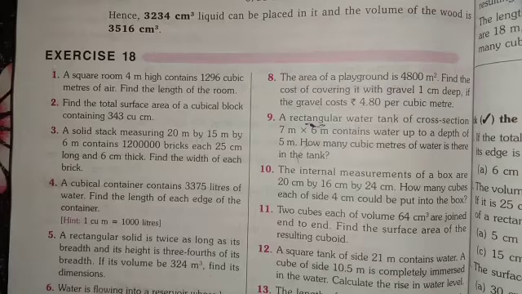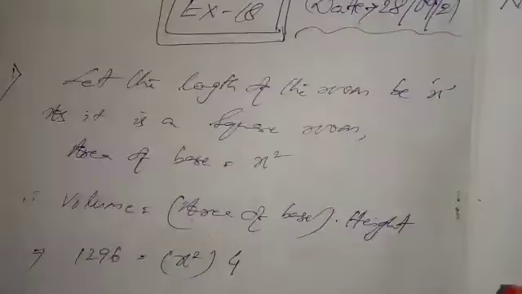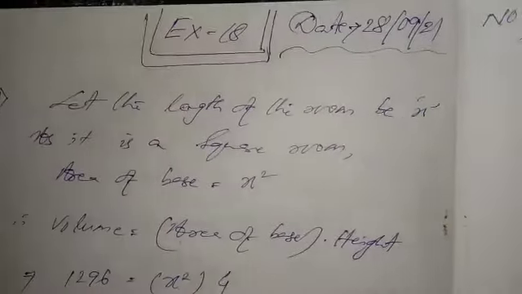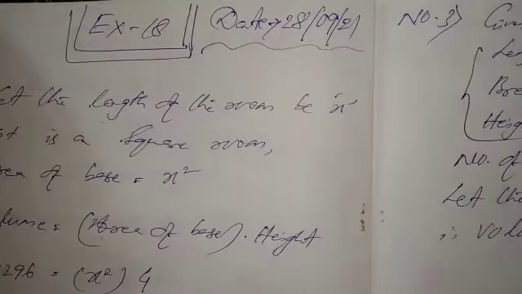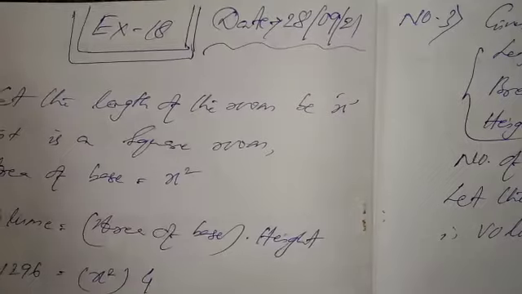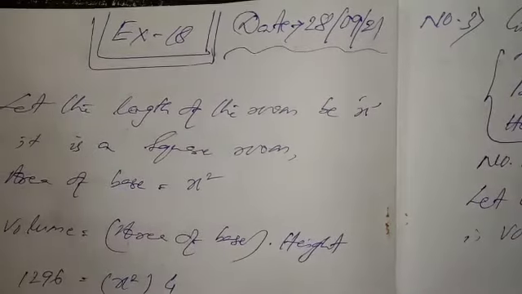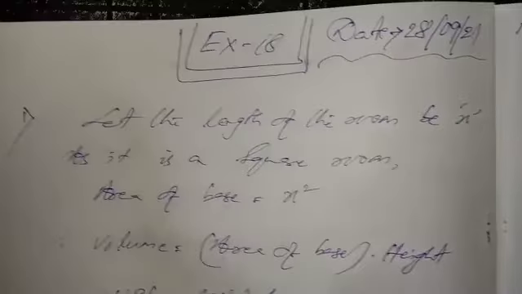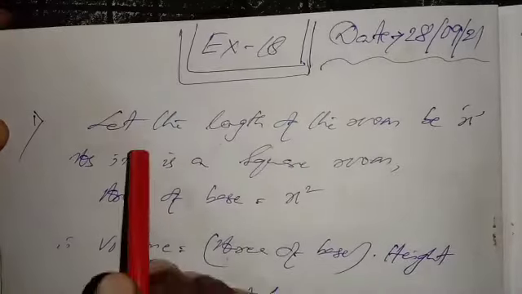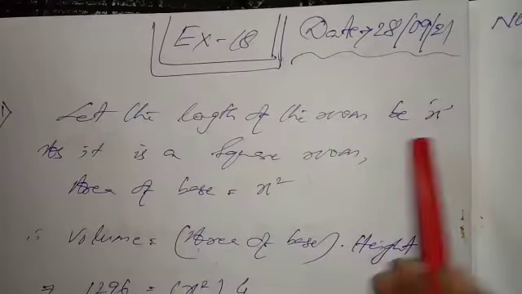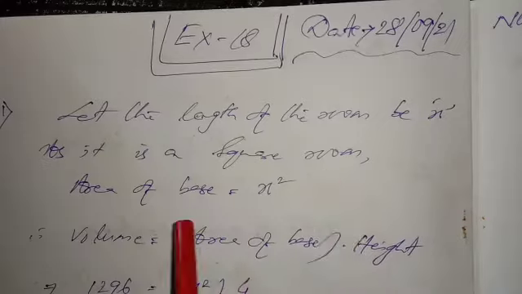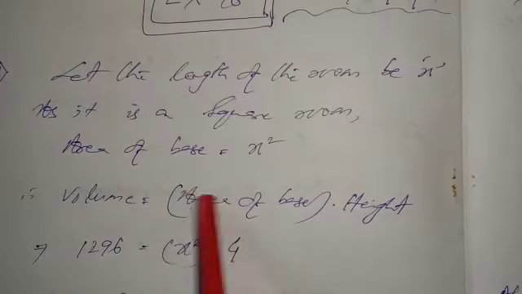Just see how to solve question number 1. Exercise 18. Okay, today date is 28 September 2021. Let the length of the room be x. As it is a square room, area of the base will be x square.